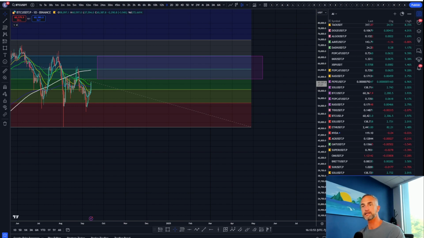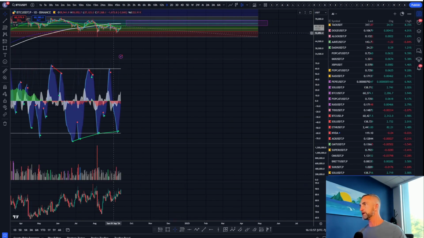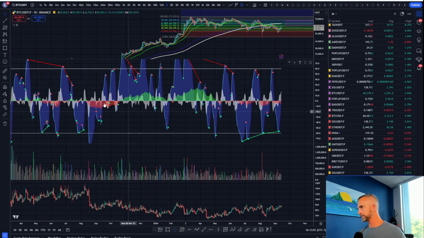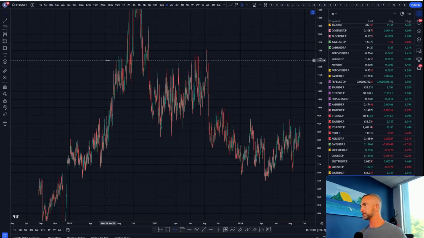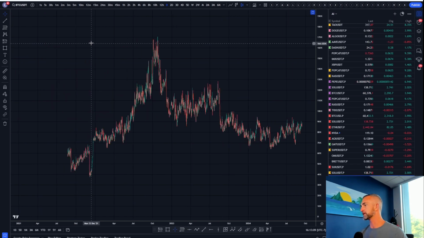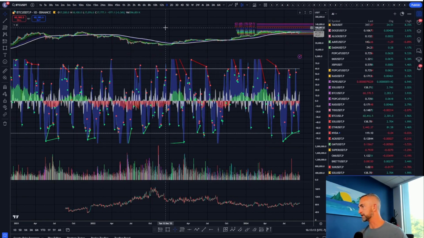But what is open interest doing here on the daily time frame? Curious. So as open interest has been coming down, right? The price has been coming down. Wow, since way back over here.